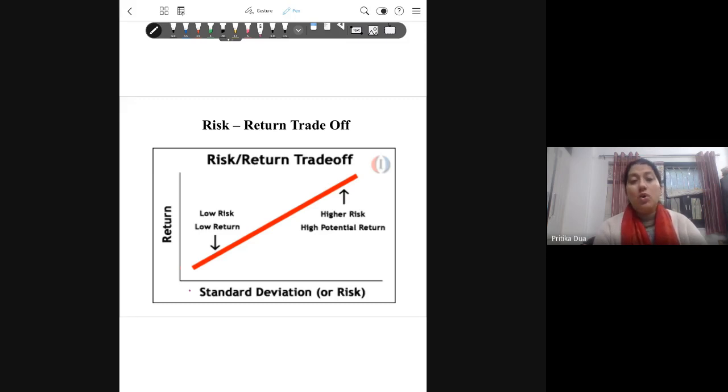But if you want a higher return, you go to invest in the stock market, then you are also assuming higher risk. So there's a direct relationship between the two.